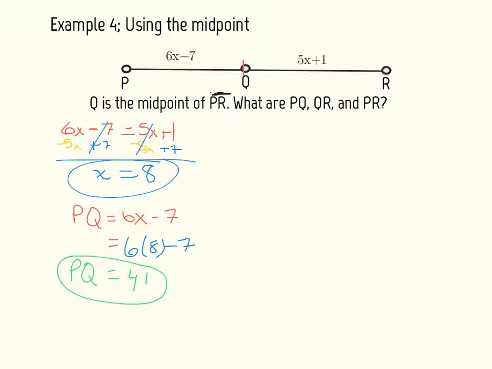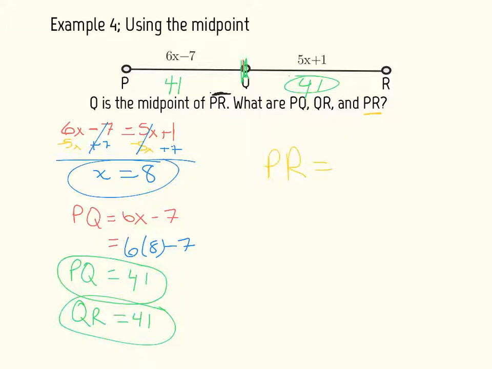Okay, now if PQ equals 41, then since this cuts it in half here at Q, then this side also must be the same. So that means that QR is also 41. So you don't actually have to do any more work at that point. Now, we have one more problem we have to solve is PR. There's two ways to do it.